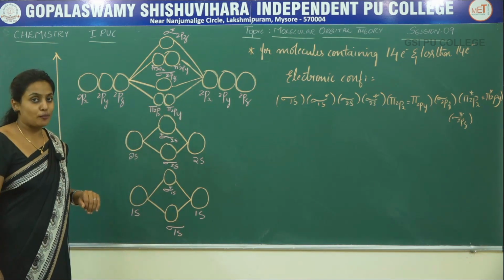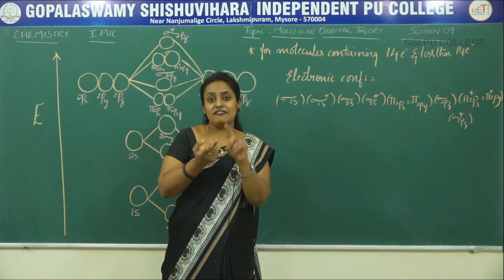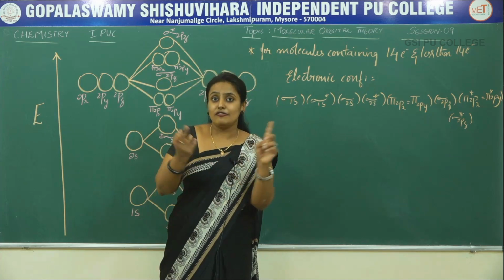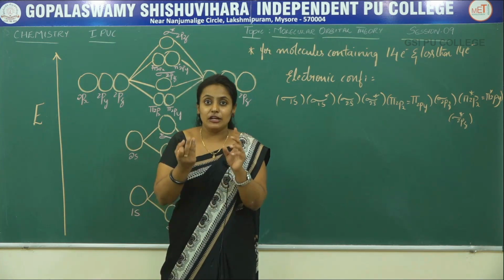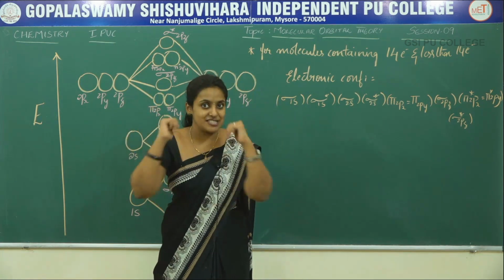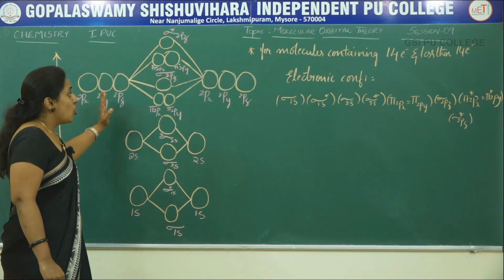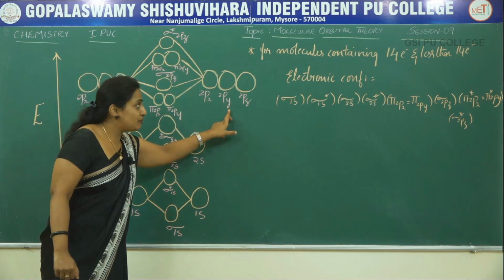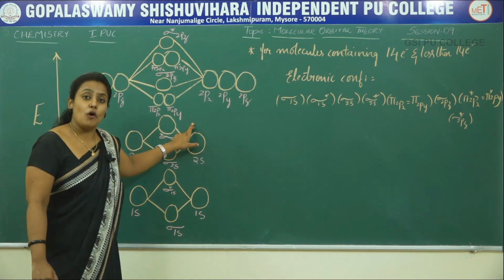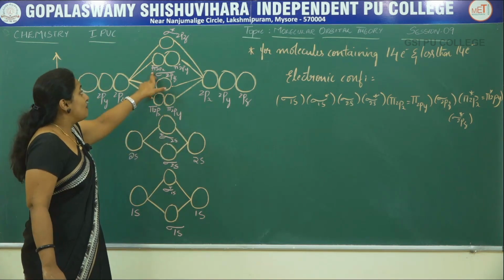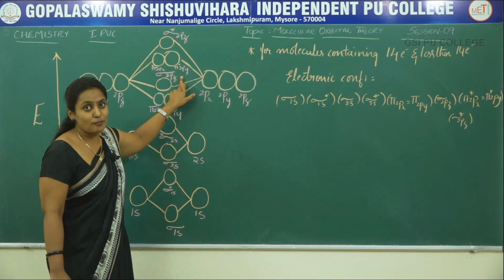We are considering the p orbitals, that is, 3 p orbitals have been formed: px, py, pz. Usually we assume that the pz orbital will always form a sigma bond by axial overlapping, whereas px and py will usually form a pi bond by sideways overlapping. Firstly, the px and py orbitals overlap sideways with the other px and py orbitals to form pi 2px and pi 2py bonding molecular orbitals, as well as pi star 2px and pi star 2py as anti-bonding molecular orbitals.